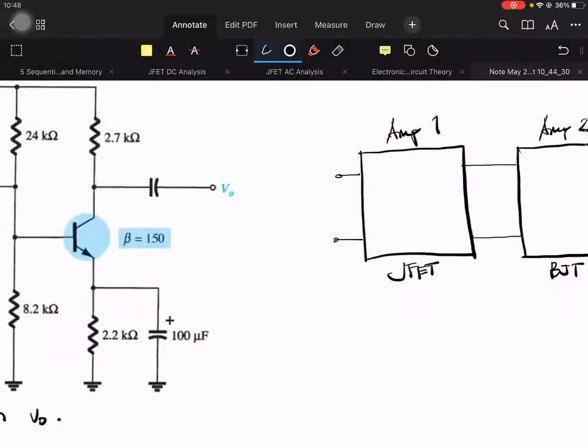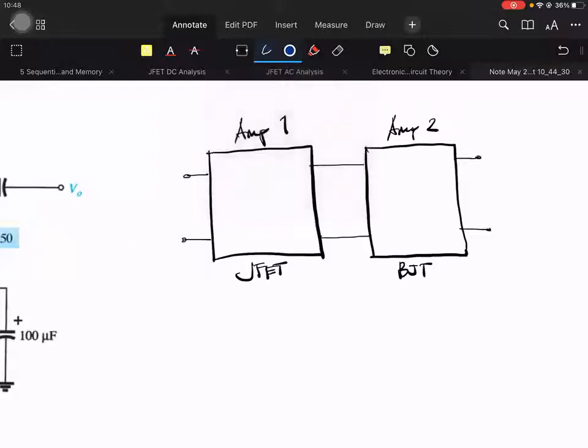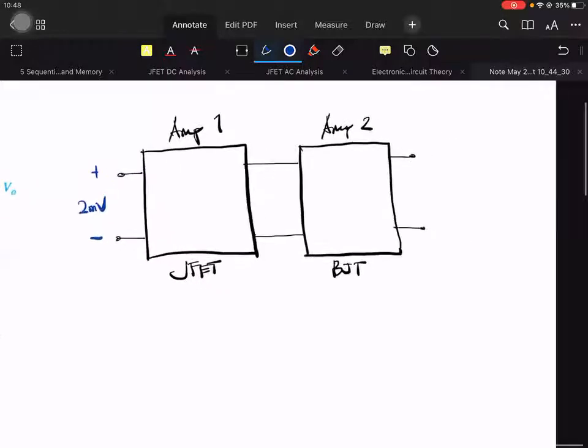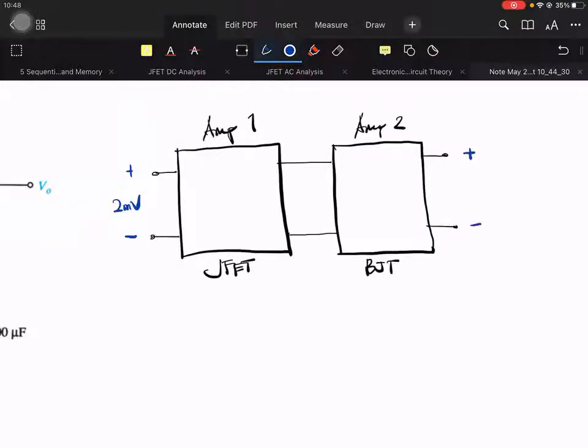The given voltage at the input is 2 millivolts. So how much is the output voltage? That's the question. This would be easier if RL and RS were given, but wala may given.